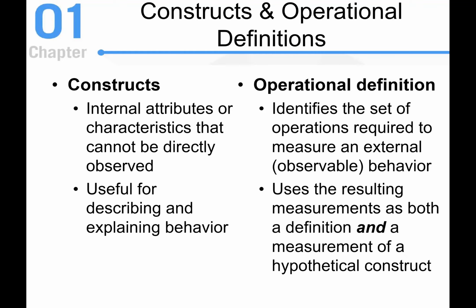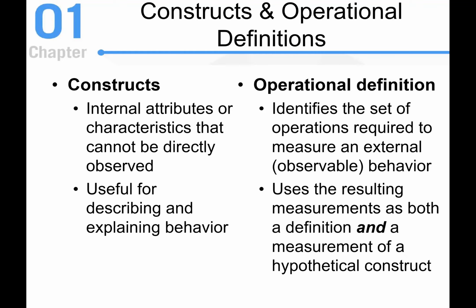Let's talk about another example. Let's talk about happiness, right? Happiness is an internal attribute or characteristic that can't be directly observed. You can't observe happiness, all right? You can't measure happiness directly, all right? But humans are crafty. We could measure happiness indirectly.